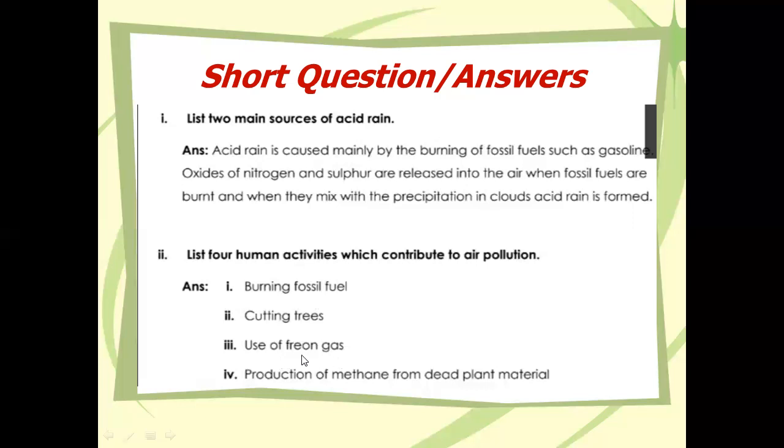These gases also produce pollutants like chlorofluorocarbons and ozone. Production of methane from dead plant material is also one of the human activities which causes air pollution.